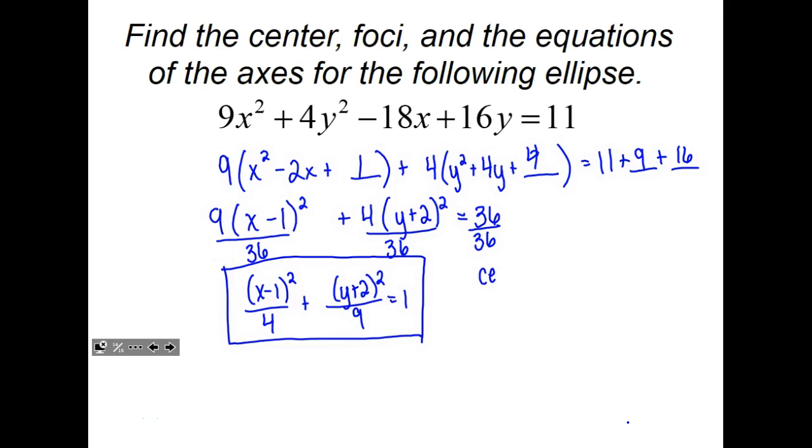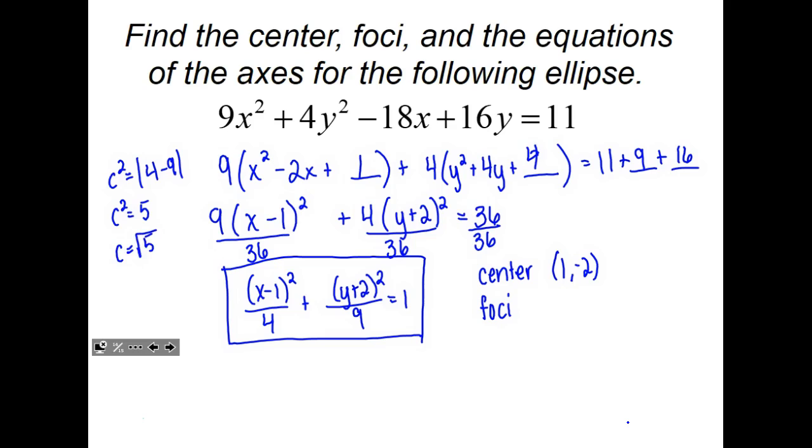The center of this ellipse is at 1, -2. The foci, so for this one, my c squared is going to equal the absolute value of 4 minus 9, so that's c squared equals absolute value of -5, which is positive 5, and so c is the square root of 5.